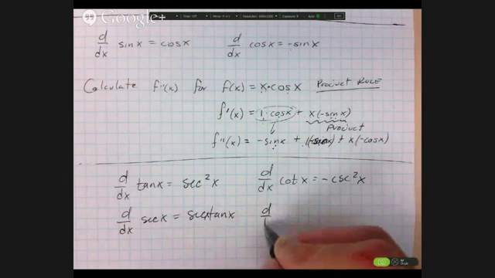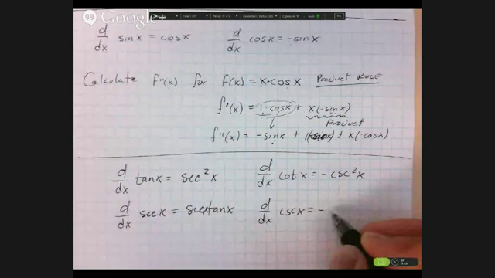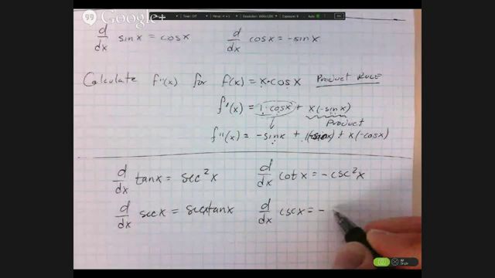And the last one is cosecant: negative cosecant cotangent.